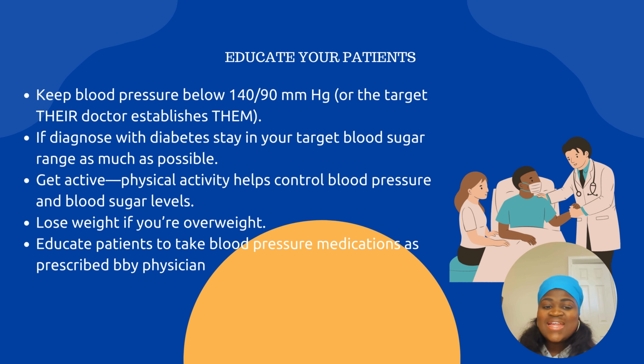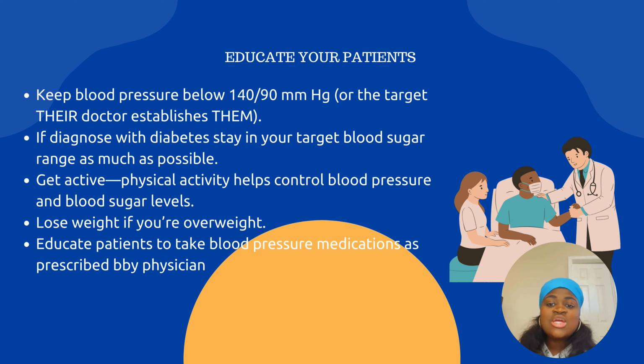So on this slide, I just want to remind you to educate your patients whenever you start practicing. These are some things that you may want to tell them. Keep blood pressure below 140 over 90, or at the target their doctor or physician established for them, right?